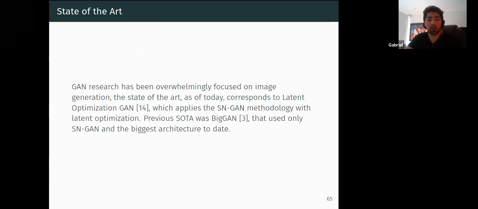And the state of the art actually uses spectral normalization GANs, which enforces the Lipschitz condition that I was talking to you guys about before, using spectral normalization, and that means just normalizing the eigenvalues of the function.